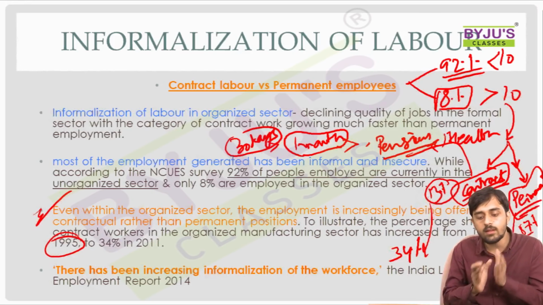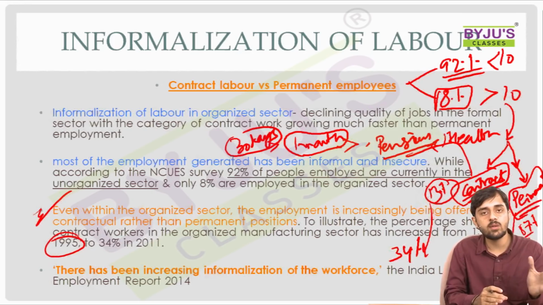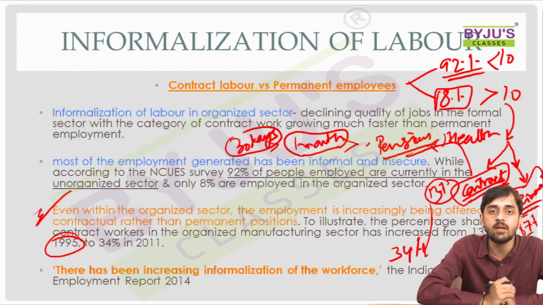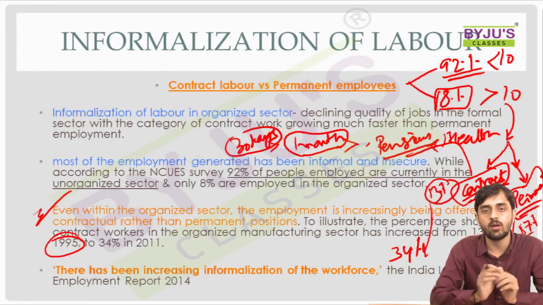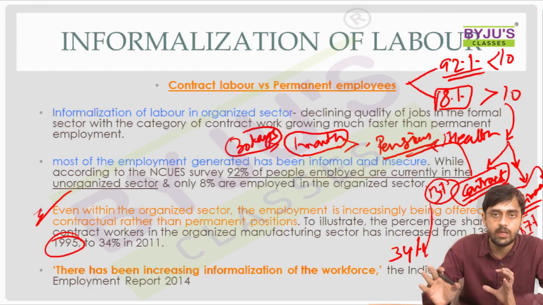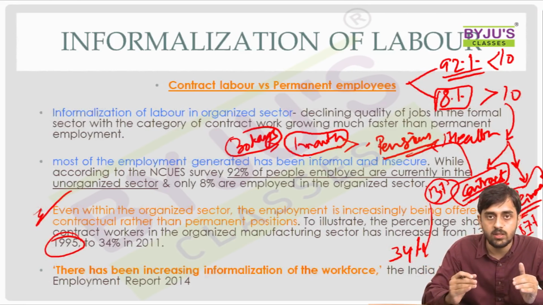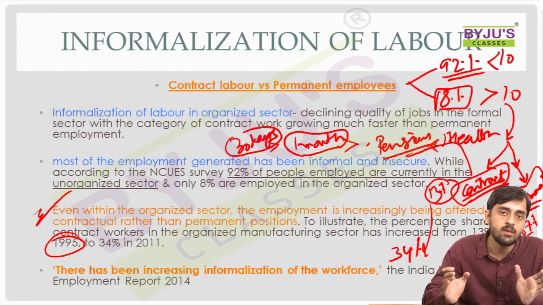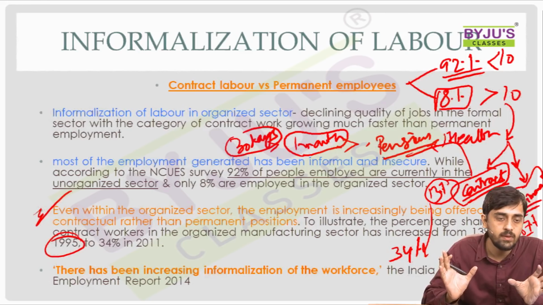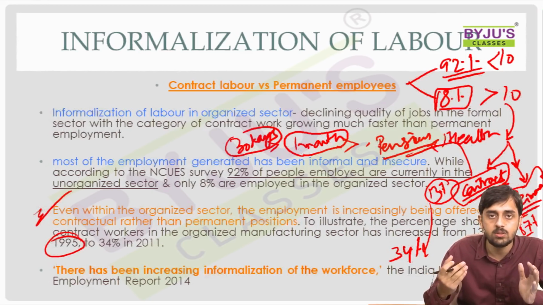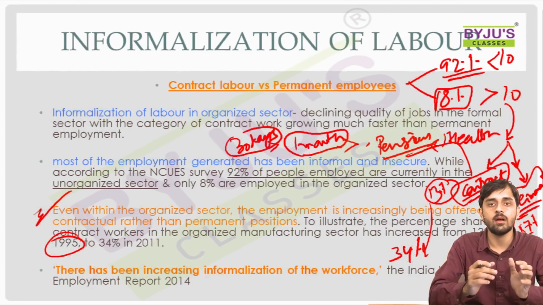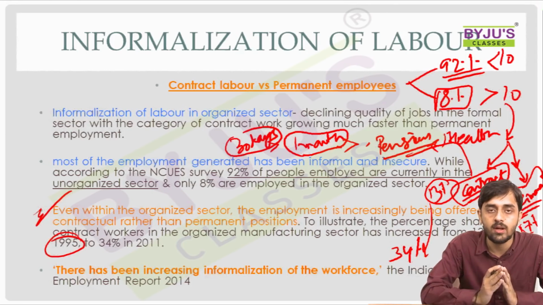So even within the organized sector, there is a continuing informalization that is happening with respect to the quality of employment. So the whole issue of job security and quality of employment is not just a dichotomy between the organized and the unorganized sector, but within the organized sector also there is a greater degree of informalization between the contractual workers and the permanent employees, with 1/3 of the workers coming from within the organized sector also being contractual employees.